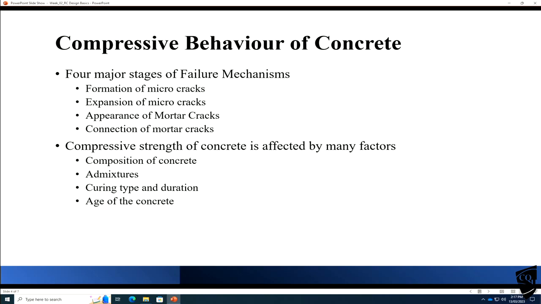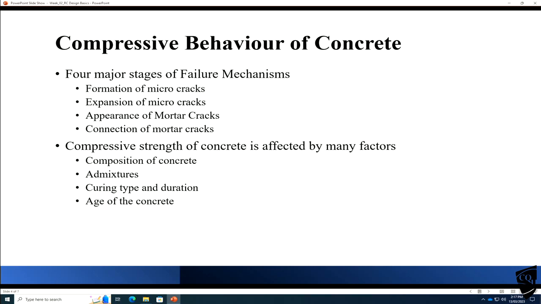The compressive strength of the concrete is affected by many factors, but these are the main factors. Concrete mix is the one. As we discussed, the proper concrete mix is important. The admixtures, there are lots of admixtures we use for different purposes, so that also will affect the strength.